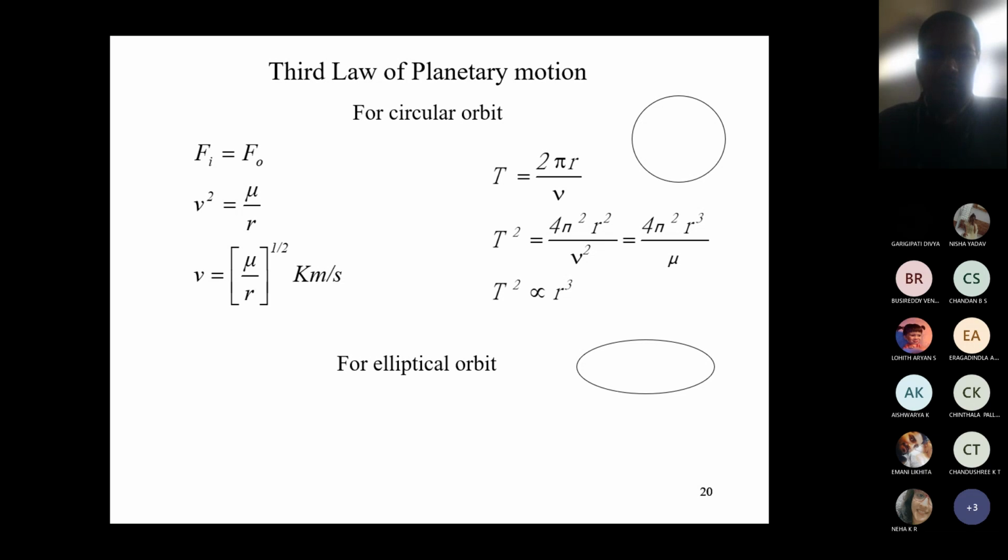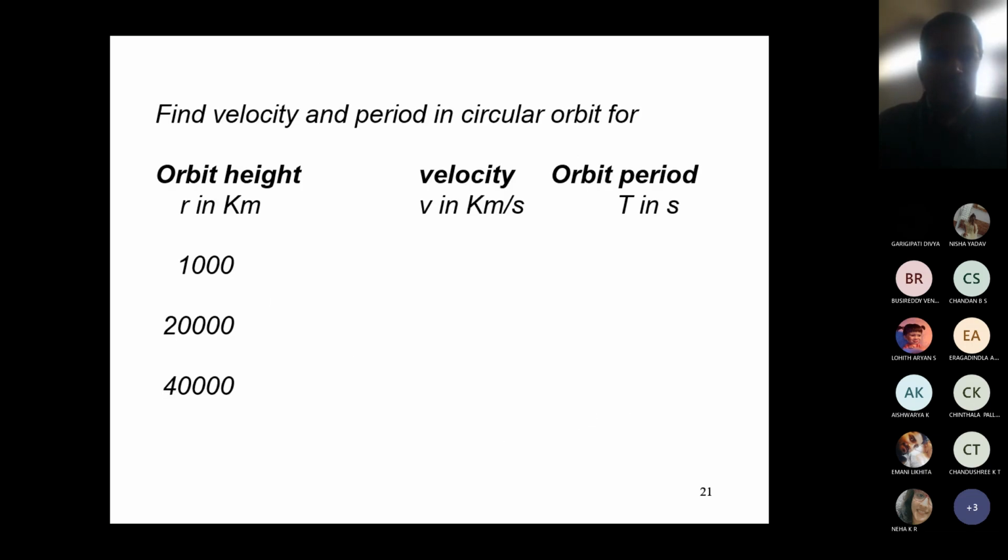And henceforth, we also have considered an elliptical orbit. And for elliptical orbit, we have studied the expression of velocity and the time period. Further, we took an example of different orbital heights. We considered three orbital heights: 1,000 kilometer, 20,000 kilometer, and 40,000 kilometer.